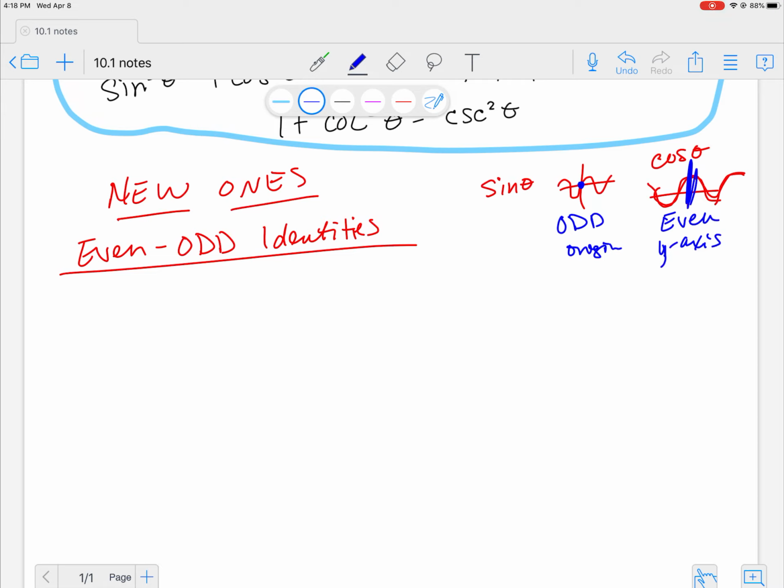If I have symmetry about the origin, what do you know about that? Odd. Let's scoot this down so they're lined up correctly. All right, so if you're symmetric about the origin, then that is your odd function. If it's symmetric about the y-axis, that is your even function.